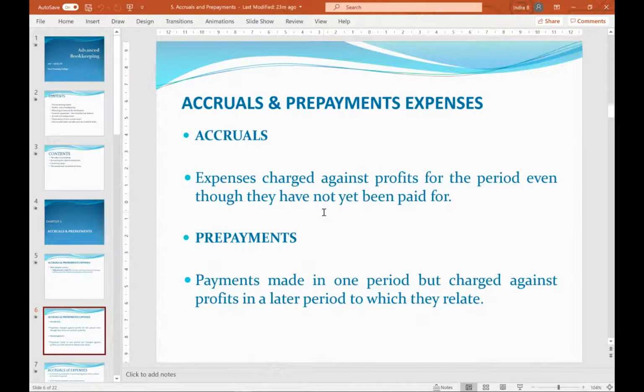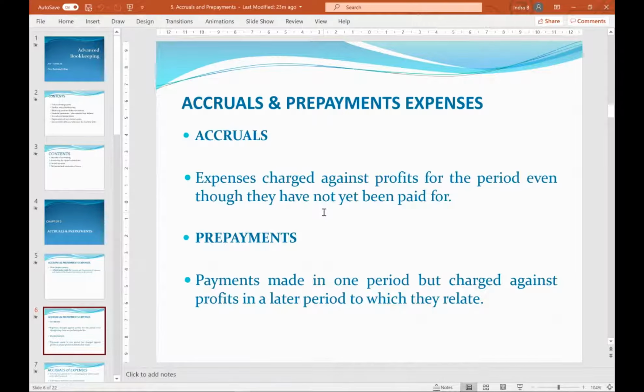The items may be like telephone expenses, a pay as you go bill you get after the end of the month, or sometimes some other bills you get at the end of the month. Electricity as well. For example, if the year is ending on 31st December, for the December month you may get the bill in January next year.